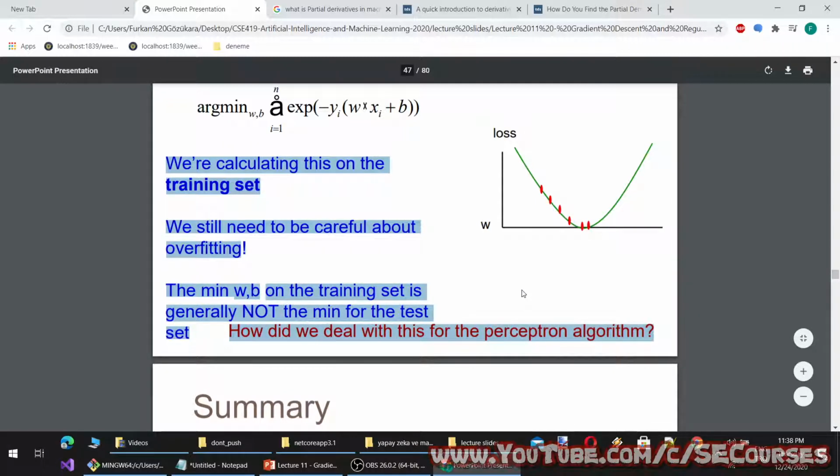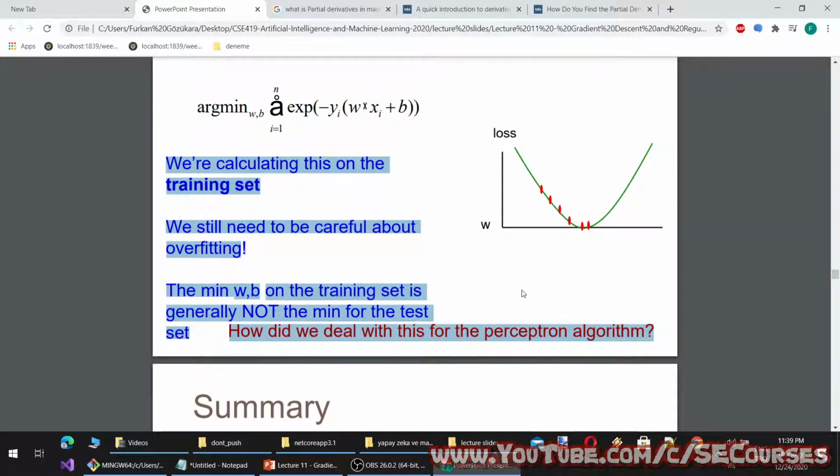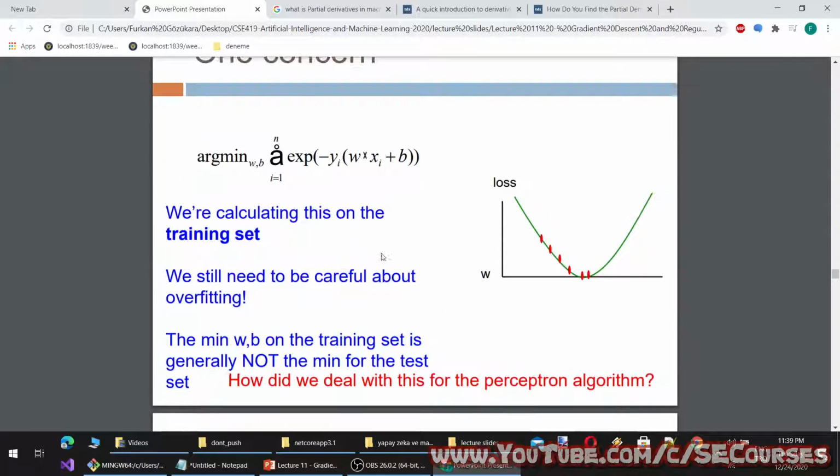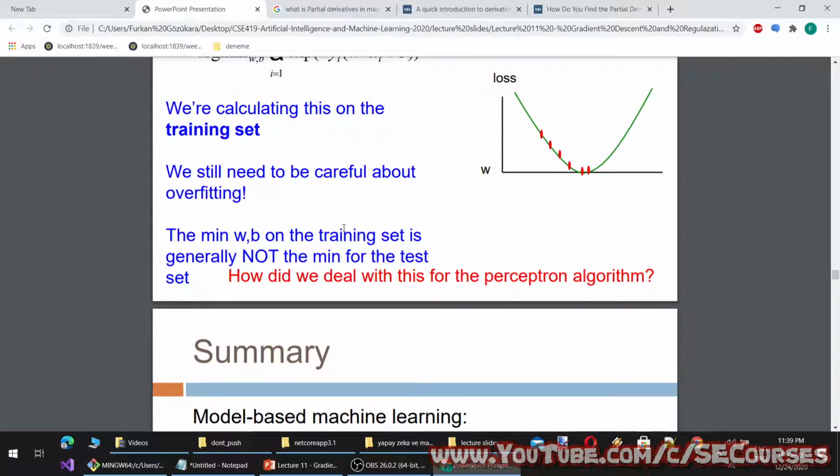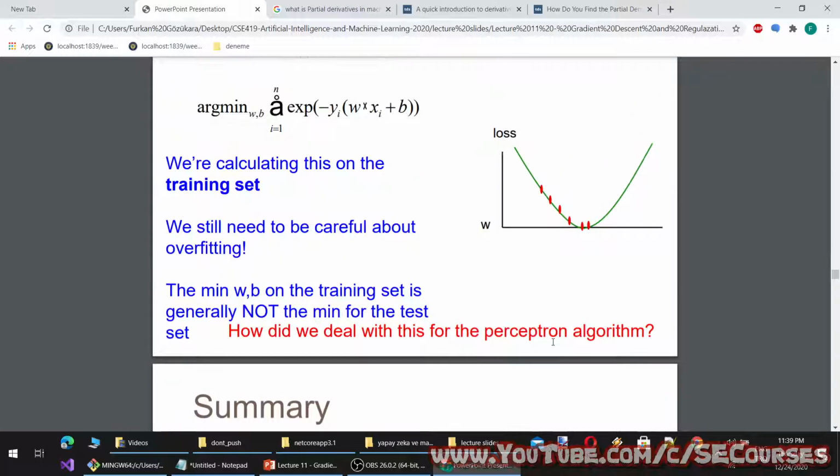We're calculating this on the training set. We still need to be careful about overfitting. The min of w, b on the training set is generally not the min for the test set. How did we deal with this for the perceptron algorithm? Let's brainstorm.